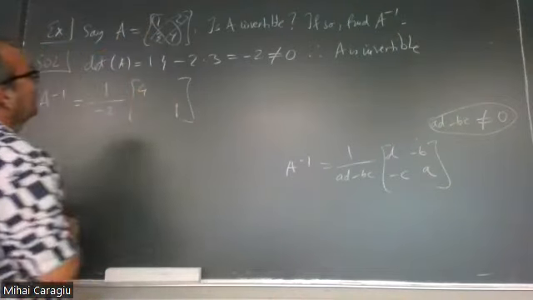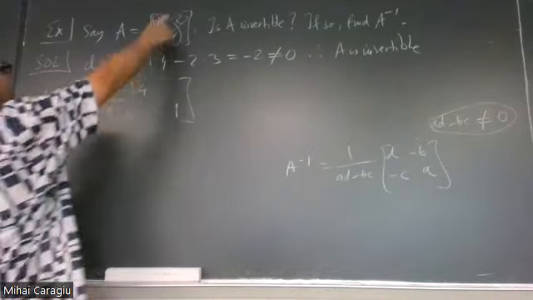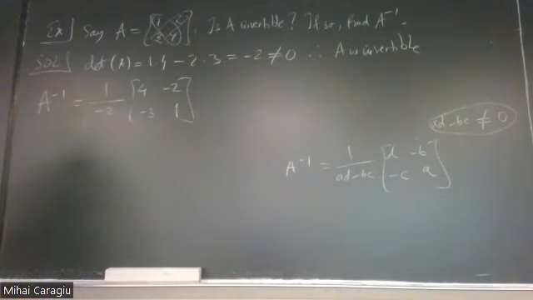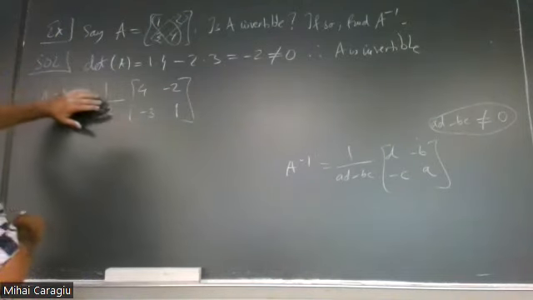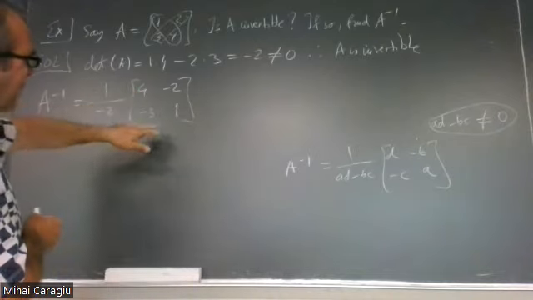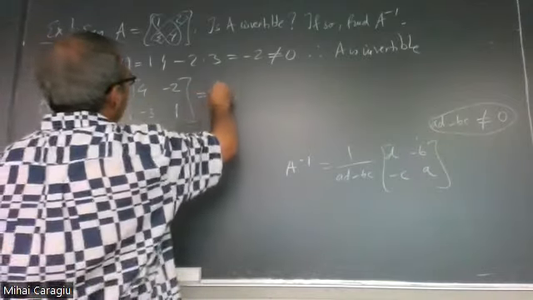The secondary diagonal elements acquire a minus sign, so instead of 2, 3, you get minus 2, minus 3. So basically, we have to multiply this matrix by the scalar minus 1/2. Multiplying by the scalar minus 1/2 amounts to multiplying each entry of the matrix by minus 1/2. So what do we get?